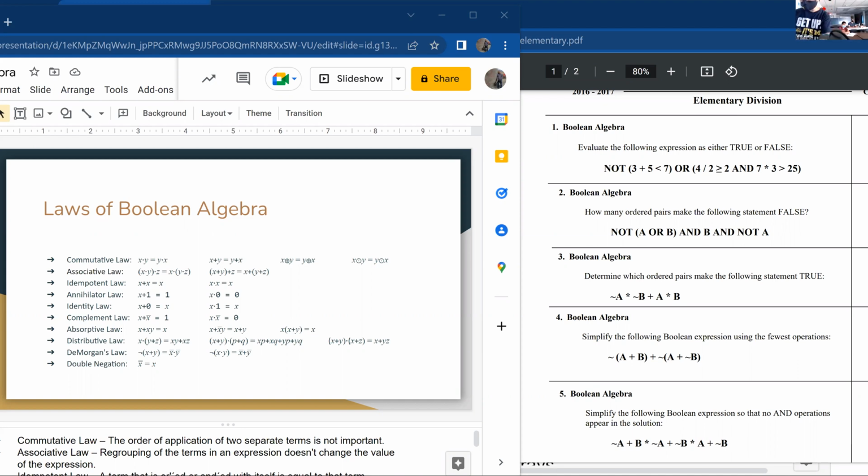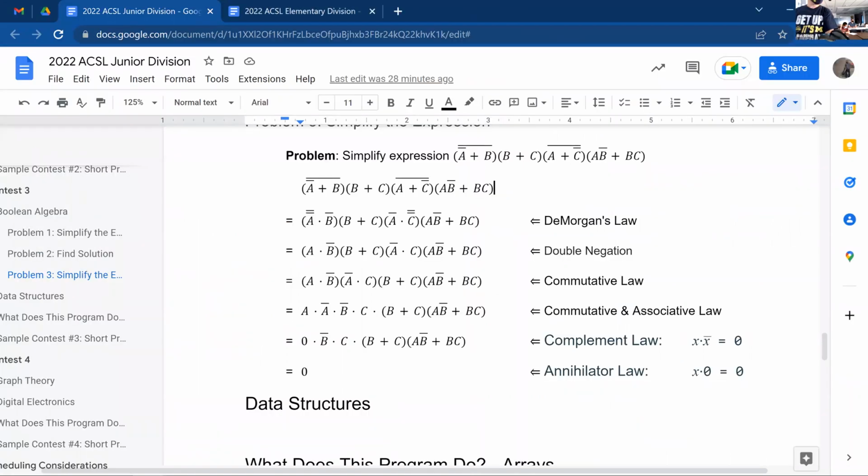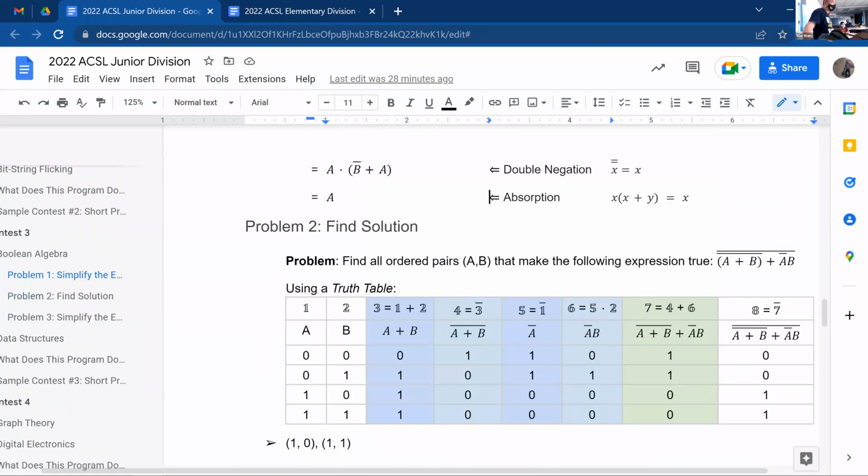I have a question. If I have 2 A's like this, can I kill one? No, you look at which law applies. I know, but can I kill one? With this, we just went through finding the ordered pairs, right?